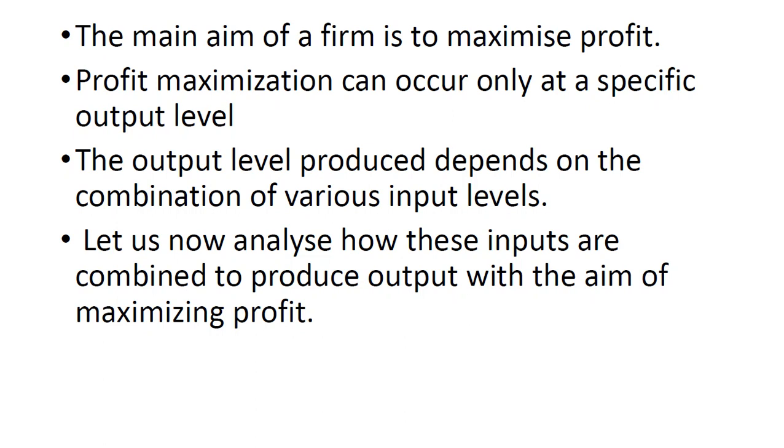So if you are given a target to produce an output, the issue is what minimum amount of resources should you use in order to produce the items. That is what makes the firm an efficient producer.